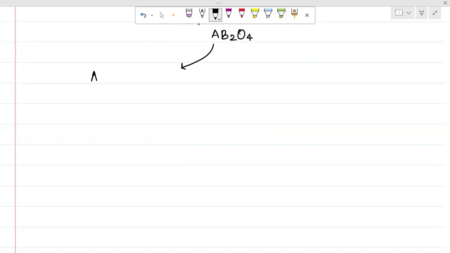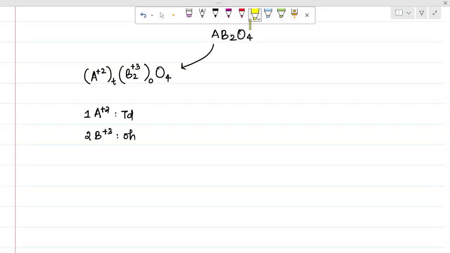One is where the metal in +2 oxidation state takes up the tetrahedral site, and the 2 B atoms in +3 oxidation state take up the octahedral site. So A +2, which is 1 in number, takes up the tetrahedral site, and 2 B +3 take up the octahedral site. You can see the number of octahedral sites is equal to 2 times the number of tetrahedral sites. If this is the case, the spinel is called a normal spinel.